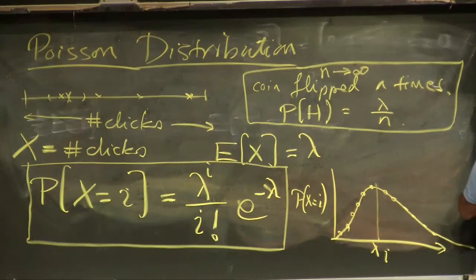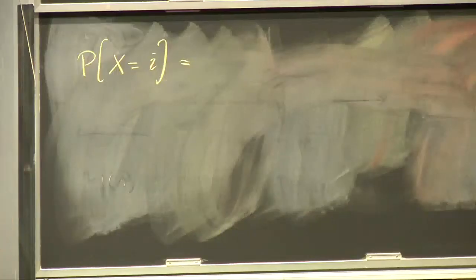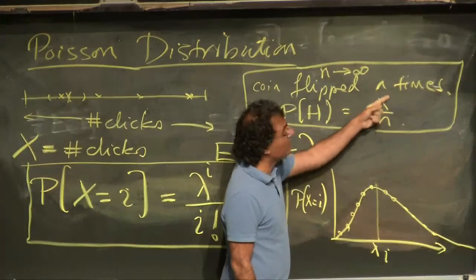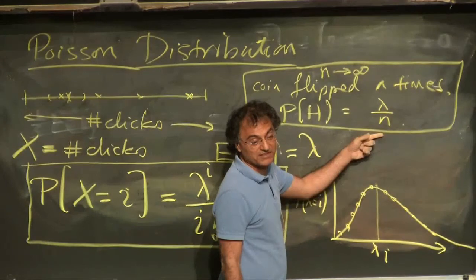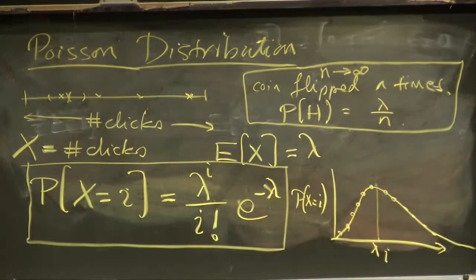Now, the probability X equal to i is just the probability that you get i heads when you flip this coin of bias lambda over n, n times, right? So it's just n choose i, lambda over n to the power of i, 1 minus lambda over n to the power of n minus i.